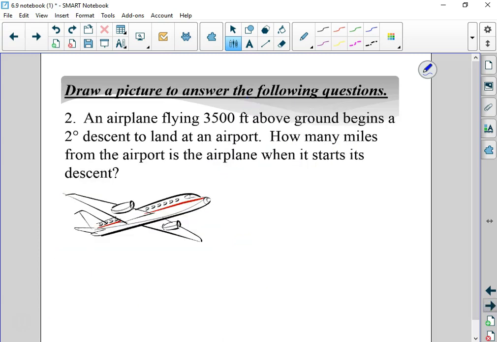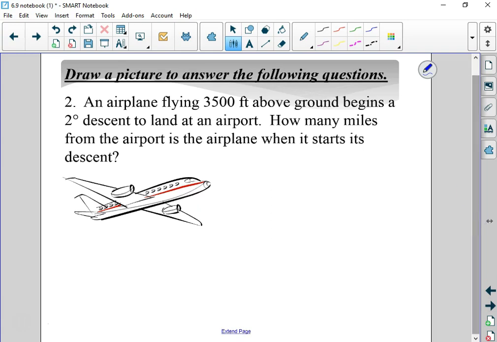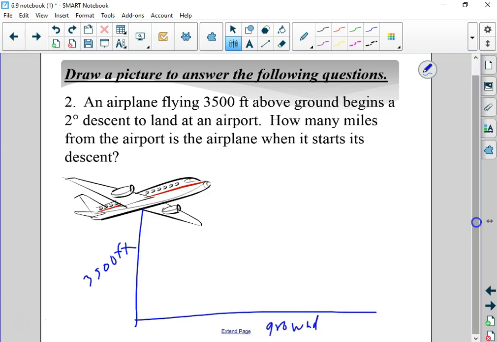Moving on. An airplane. One thing, I have to draw the airplane because it's already there. You don't want to see my airplane. It's flying 3,500 feet above the ground. So we're just going to draw a line here and say 3,500 feet. That's how high it is off the ground. Here's our ground. It's going to descend, so descent means it's going to go slowly down here.